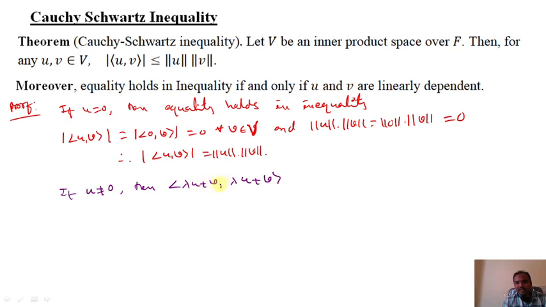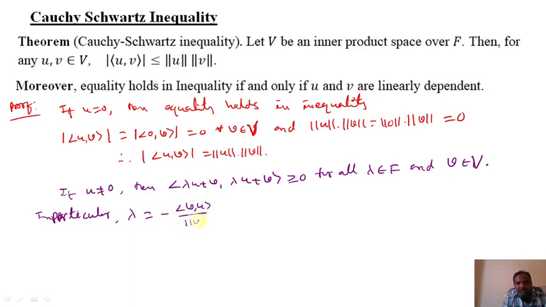That means the length, that is a norm, is always positive for all λ belonging to the field and v belonging to the vector space V. In particular, suppose I am taking λ equal to minus ⟨v, u⟩ divided by norm u squared. This is a particular case. Now, this inner product we know is positive: 0 is less than or equal to ⟨λu + v, λu + v⟩.